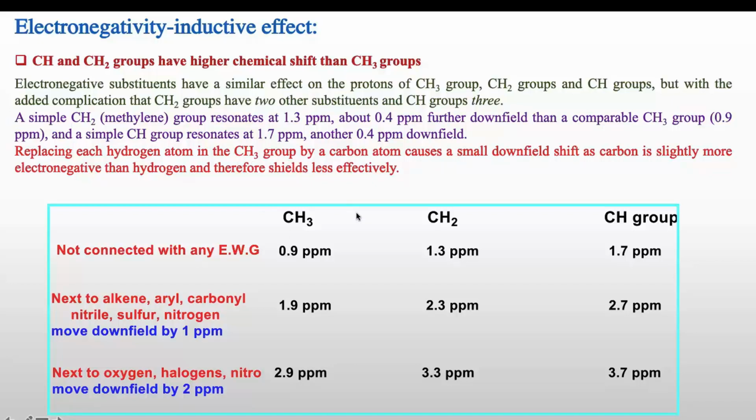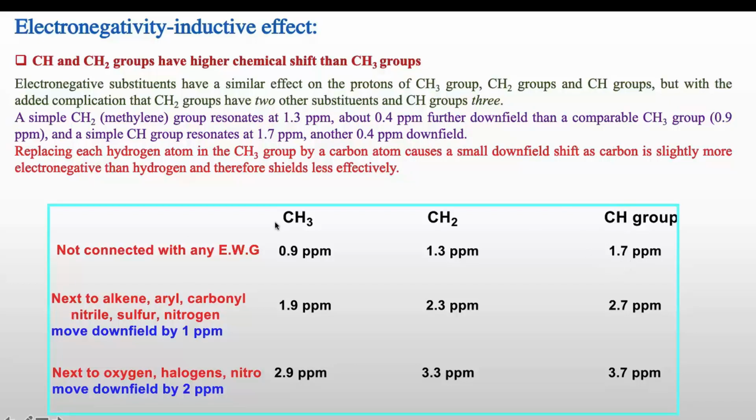So we can see if CH3 comes at 0.9 ppm, CH2 will come at 1.3 ppm, meaning this CH2 is connected to another carbon, and that carbon also increases the downfield shift because carbon is more electronegative than hydrogen. If a CH group is connected to 2 other CH3 groups, then this proton will come at 1.7 ppm.